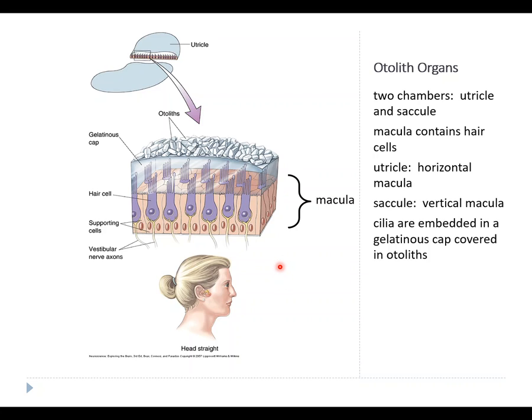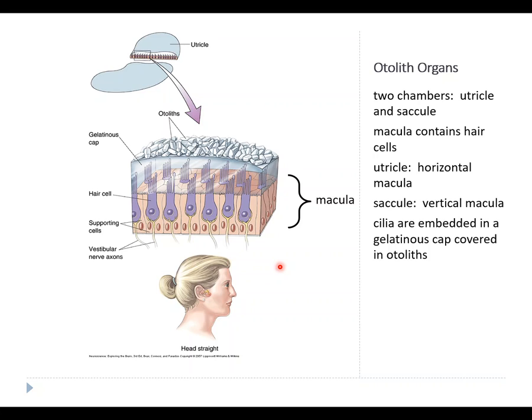And then covering the gelatinous cap are these little crystals of calcium carbonate that are called otoliths. So these are not cells. These are just tiny crystals that precipitate onto the surface of the gelatinous cap.